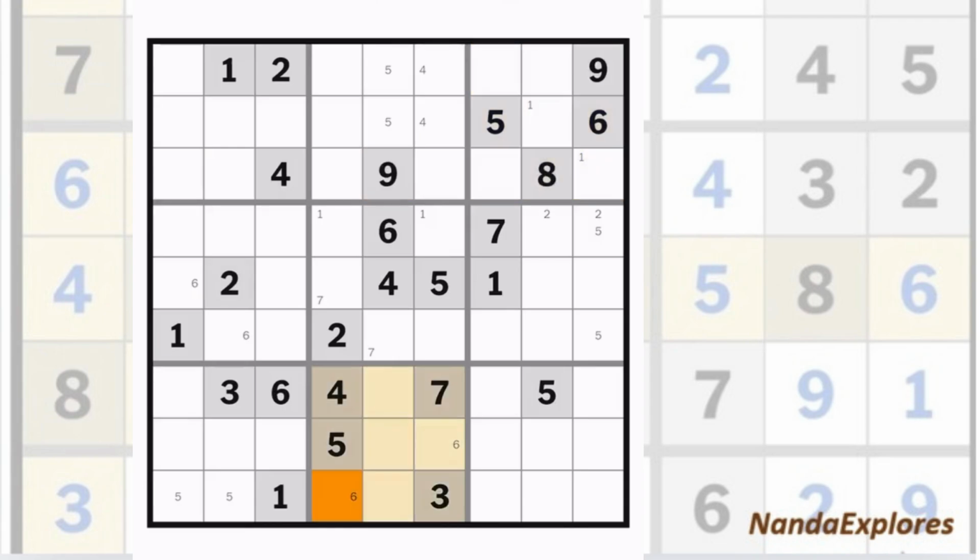Here we get 2 cells where 9 is a likely candidate. Here also we get 2 cells in this row where 9 is a likely candidate.